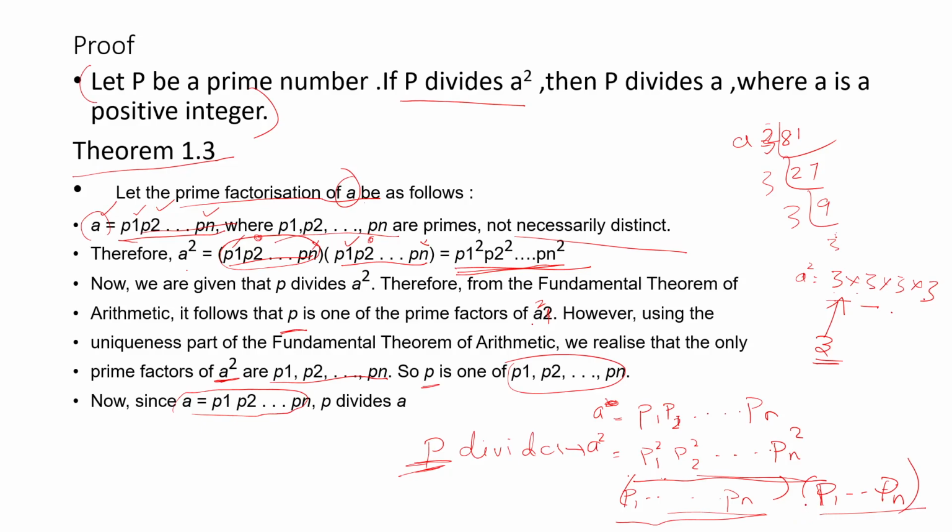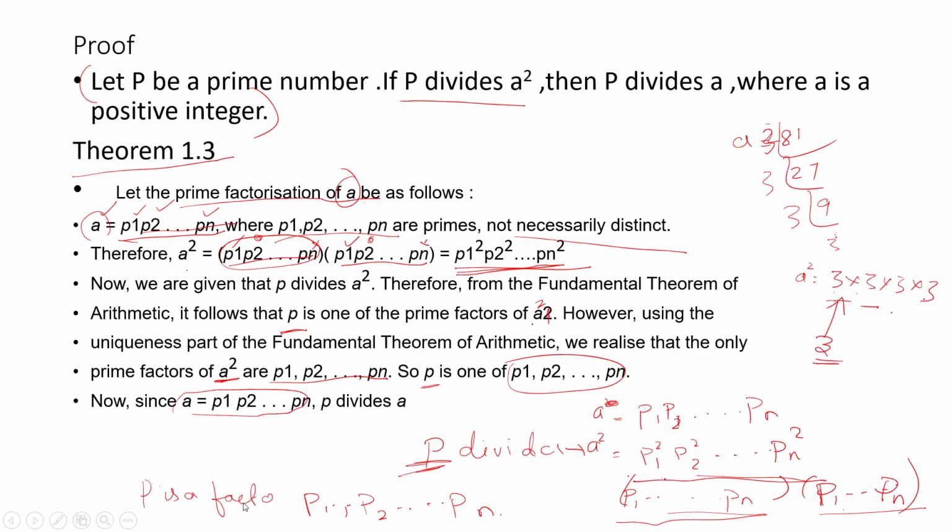But both are the same. That means P is a factor of P1 P2 etc. up to Pn. So if P is a factor of this, then P divides this. What is this? A. So if P is a factor of this one, then P divides A. Because this is nothing but A, so P divides A also.